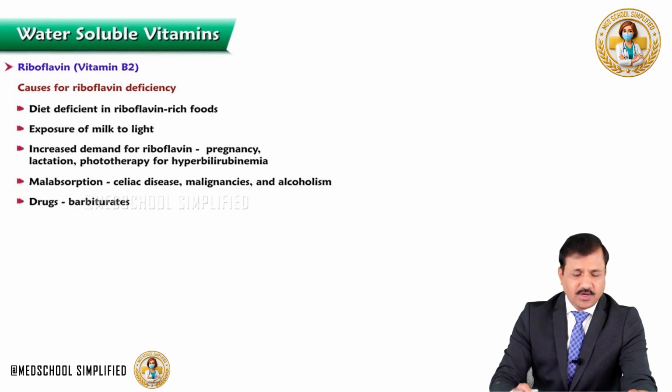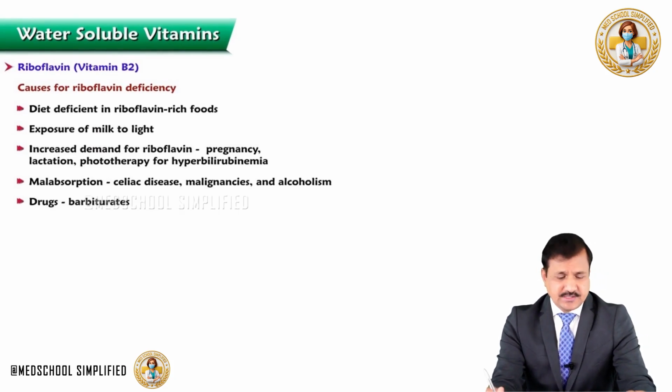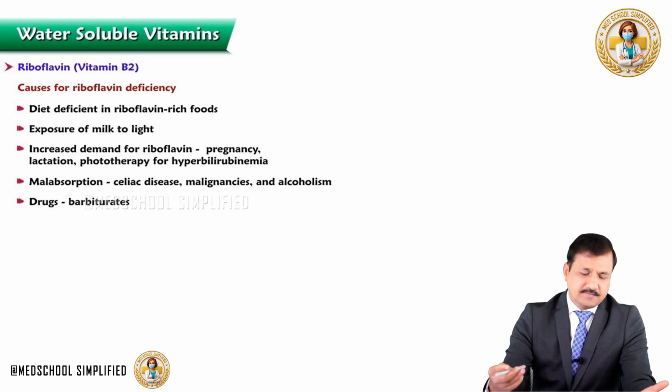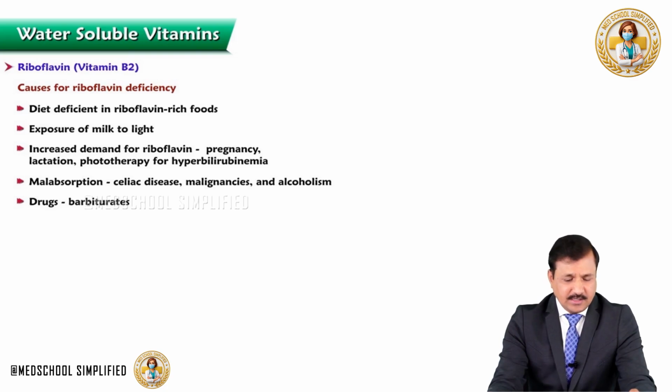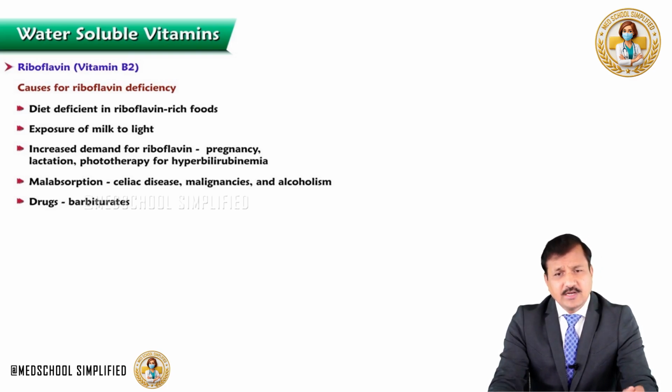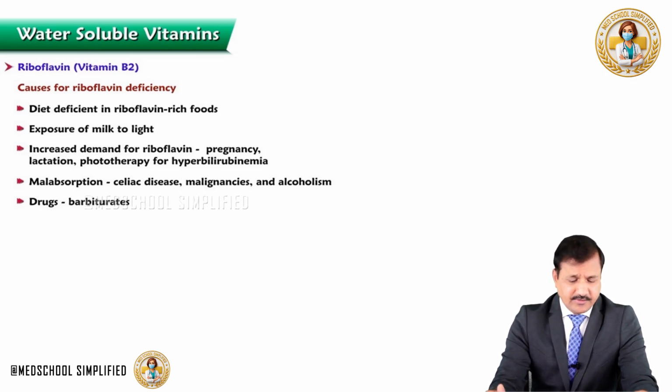Coming to causes for riboflavin deficiency. A diet deficient in riboflavin can lead to riboflavin deficiency, or exposure of milk to sunlight may degrade riboflavin levels in the milk, because milk is a good source of riboflavin.